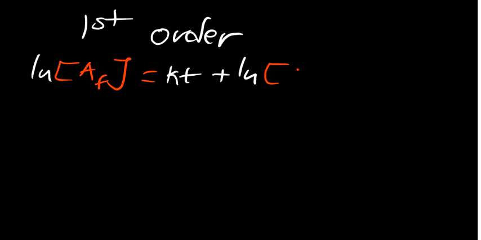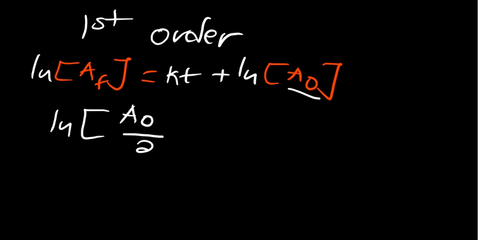That's our formula. Okay, so we are going to say our final concentration is going to be half of the initial. So it's going to be natural log of A initial over 2. So we'll put a half there to show that it's half-life.